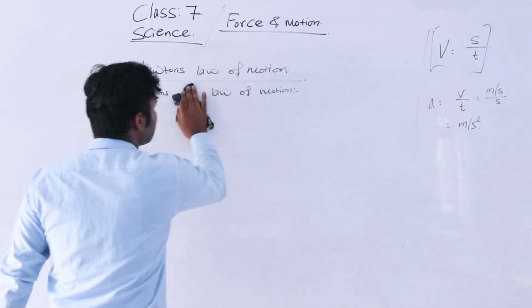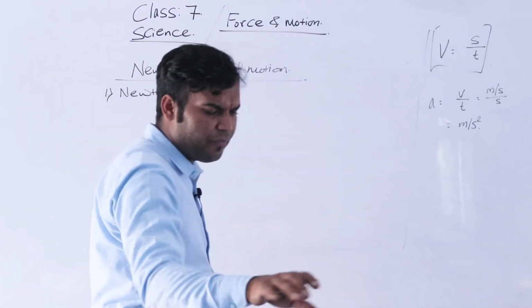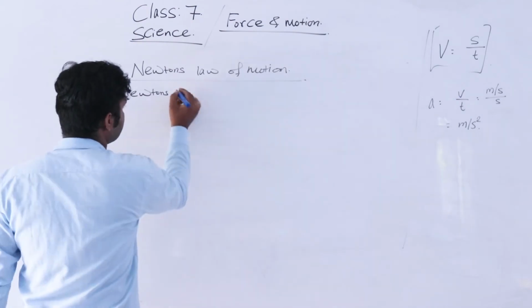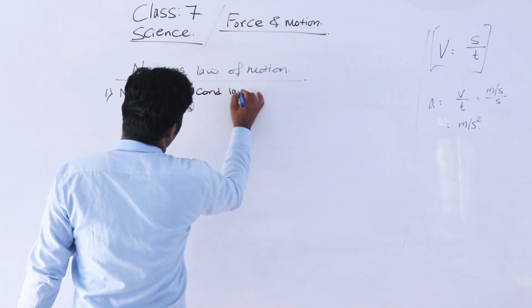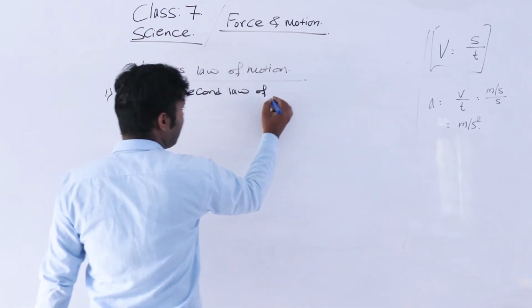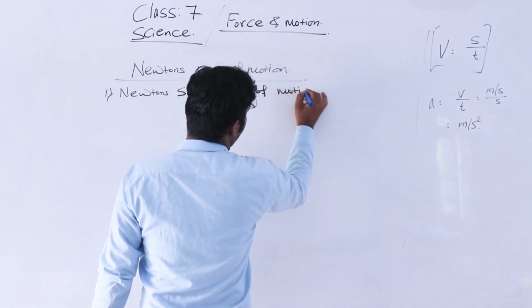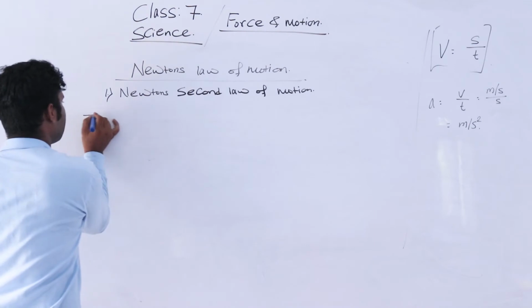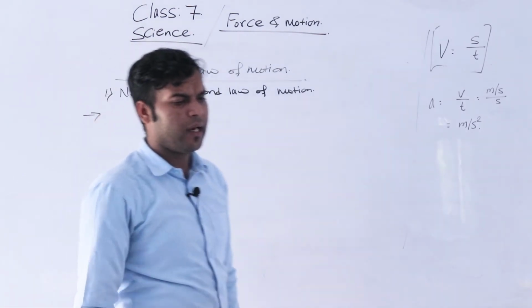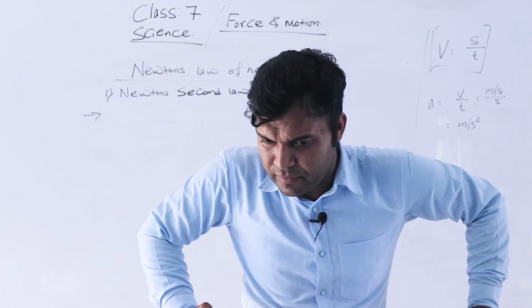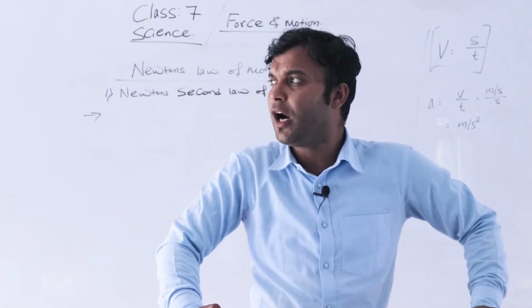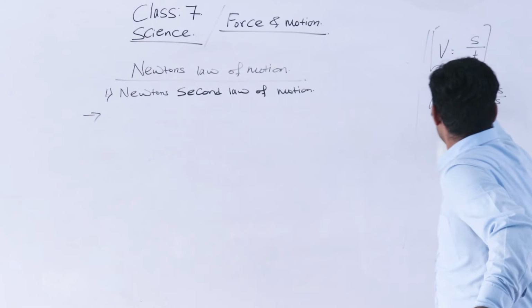Now, Newton's second law of motion. Newton's second law of motion states that acceleration, do you know acceleration? Rate of change of velocity, or acceleration is called dv upon t.